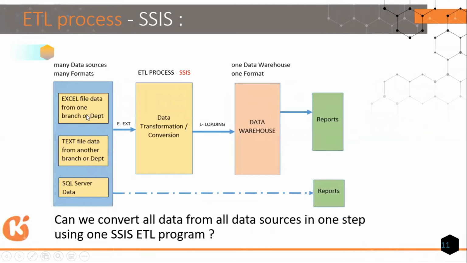Extraction means we extract from the data sources, and next we apply transformations or data conversions. T is for transformations. And the result we finally load into the data warehouse.